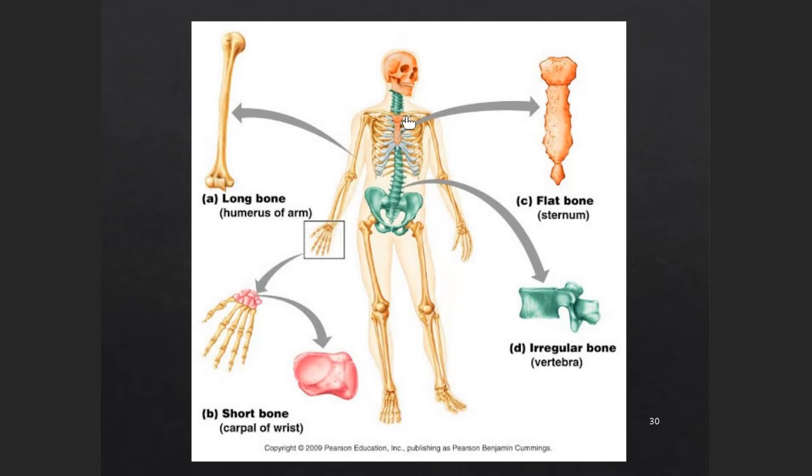And if you can see the spinal cord, that is in green color. The spinal cord is made up of vertebrae. These are all your irregular bones. Now if you see the center part, this is your flat bone. Which bone is this? This is your sternum and your ribs also. And the main function is to protect your most vital organ, that is your heart.